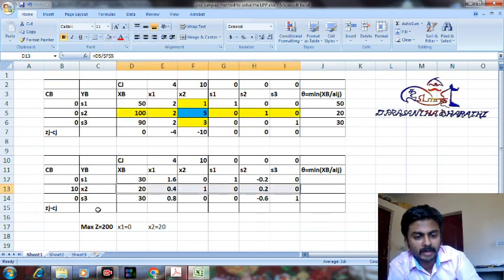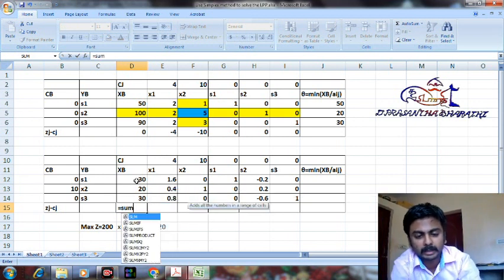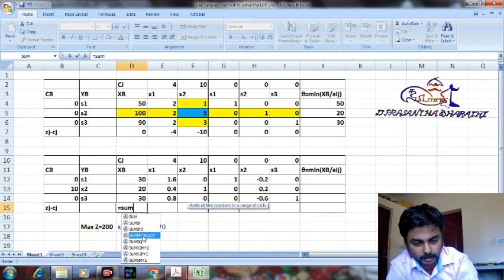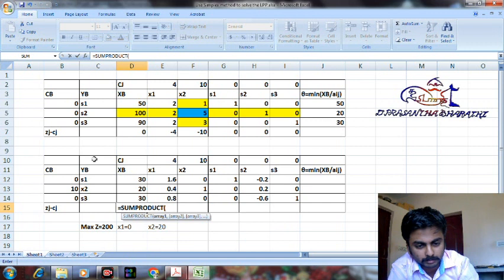Now again we want to find this Zj minus Cj. The Zj minus Cj for the XB column is the summation of CB into XB. For this we are using the sum product once again, of this column, comma, this column.